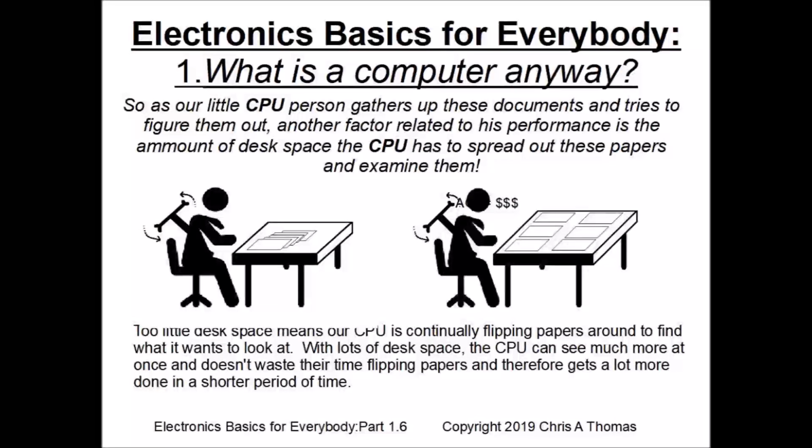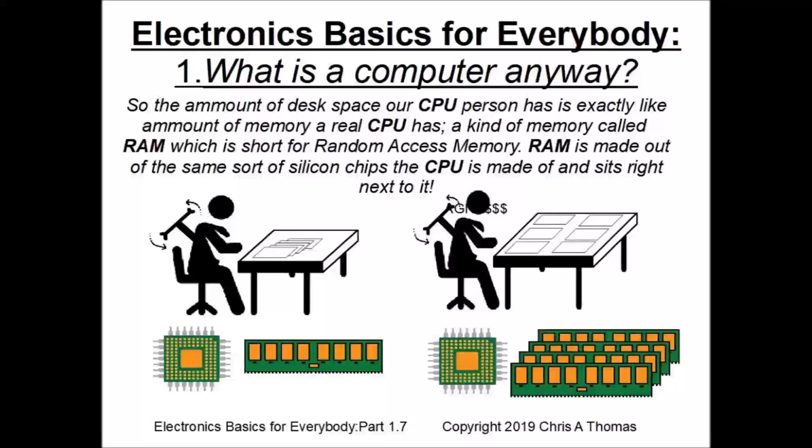But with lots of desk space, the CPU can see much more at a time, and it doesn't have to waste its time flipping around through papers, and therefore gets a lot done in a lot shorter time. And this factor can be even more important than how fast you wind your person up.